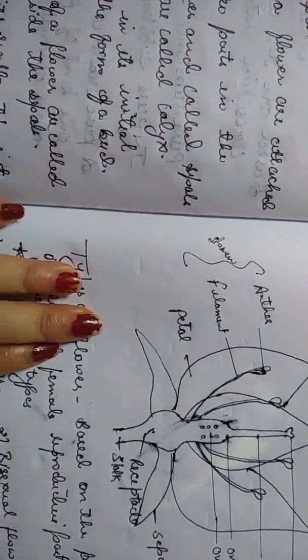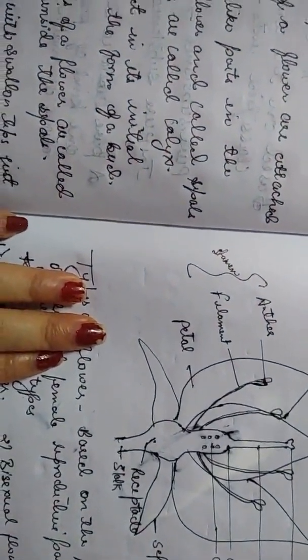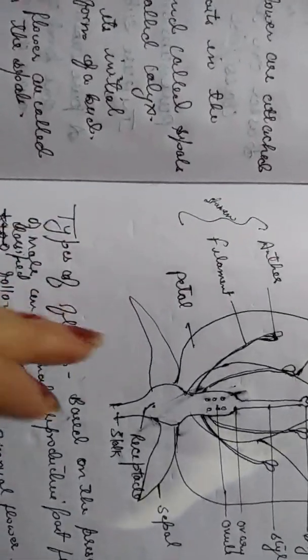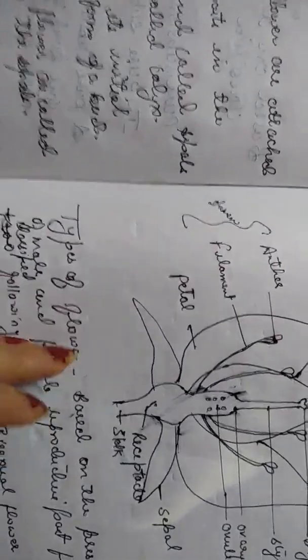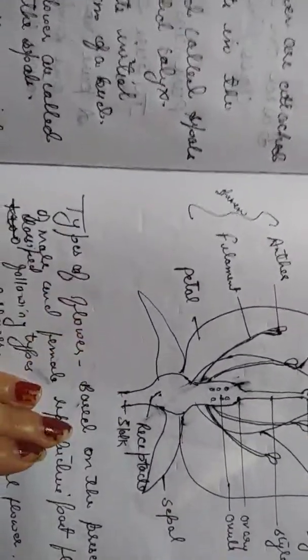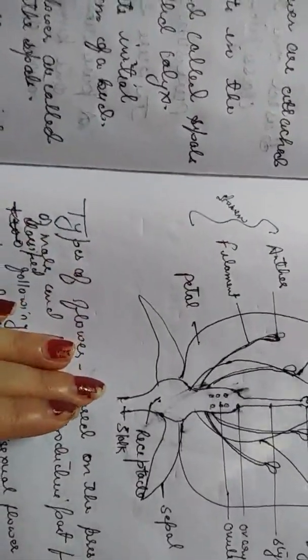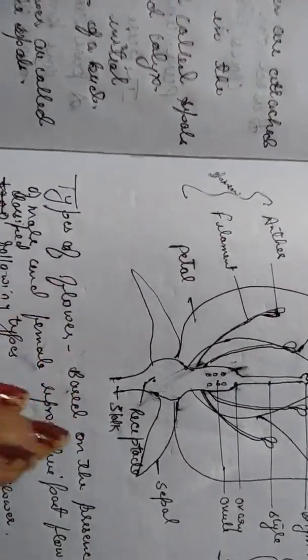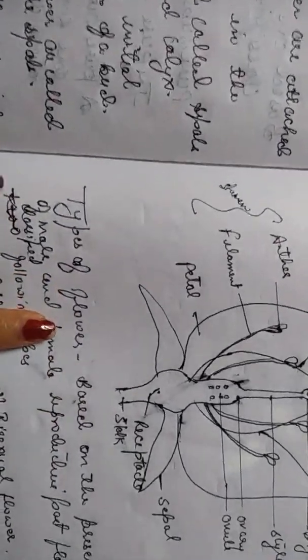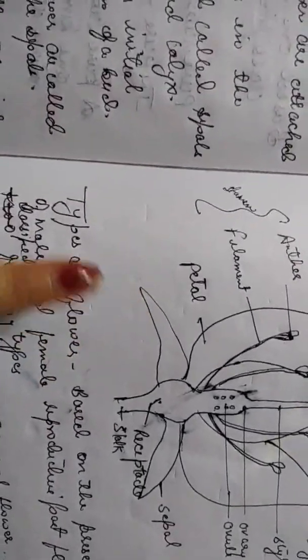Flowers of papaya and watermelon plants are unisexual flowers. On the other hand, the flower which contains both the sex organs, stamen as well as the carpel, that flower is known as bisexual flower. So the flowers of hibiscus and mustard plants are bisexual flowers.